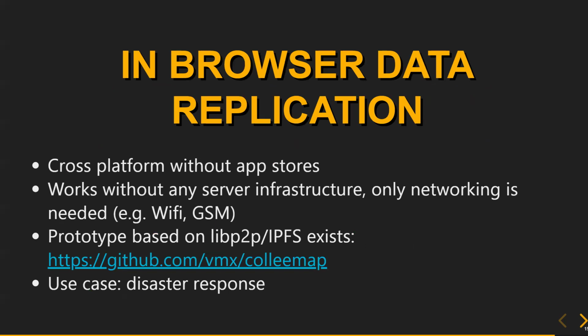You can then have a platform which does not need app stores. I built a quick demo where you can run peer-to-peer replication of data from browser to browser between different operating systems, let's say from iOS to Android, and you don't need any server infrastructure. It's really just scanning QR codes and you are connected. You only need Wi-Fi or GSM.